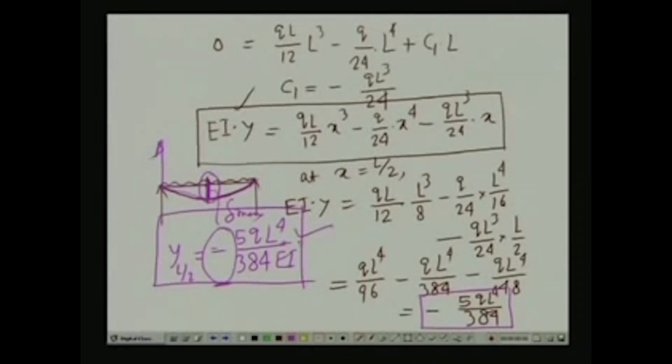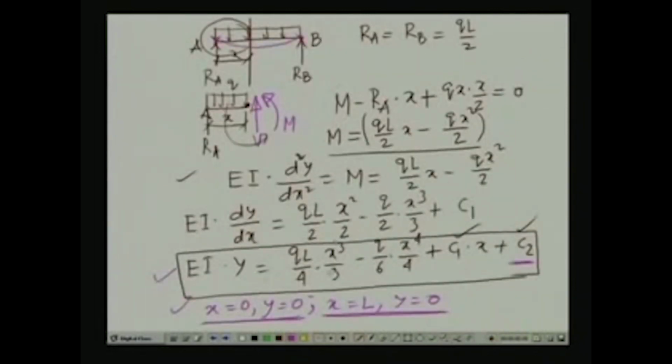by 384 E I. Now, once we have the expression for the deflection curve E I y, we can take the derivative of this and compute the value of the slope. We already have the expression for dy dx, and we have already obtained the value of C 1.